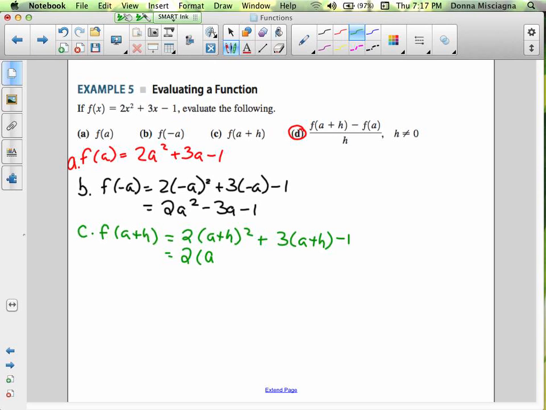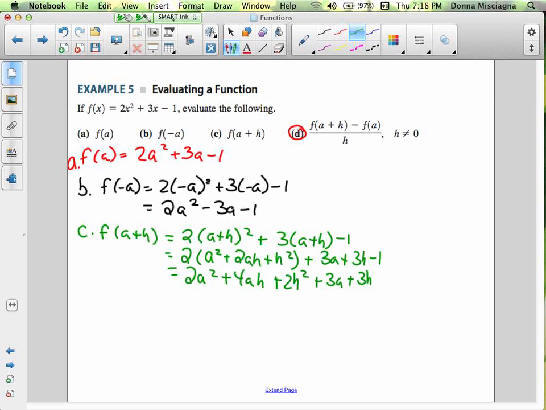This is going to be a squared plus 2ah plus h squared. We can distribute the 3. That would be 3a plus 3h minus 1. We can distribute the 2. 2a squared plus 4ah plus 2h squared plus 3a plus 3h minus 1.